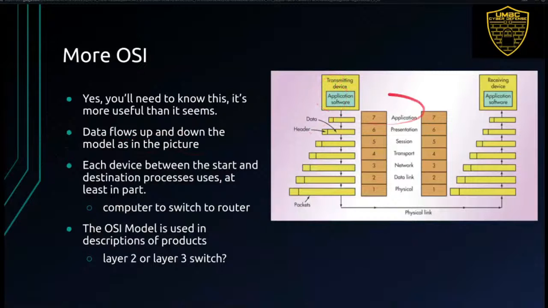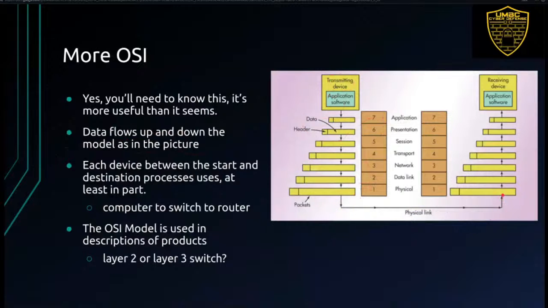Generally, what happens, if you look at the diagram here, is data flows up and down the model. So this is the transmitting device. It starts with the application and has HTTP data and then compression and session. It goes all the way down to the physical layer, which is the packets themselves, which are sent as a byte stream across the network.